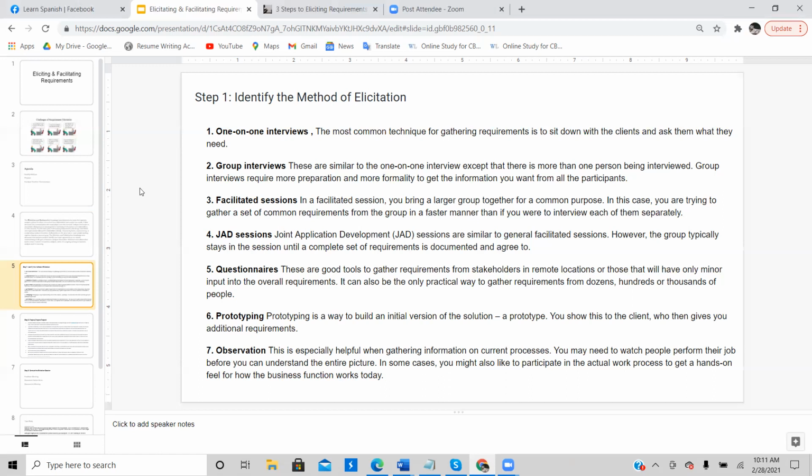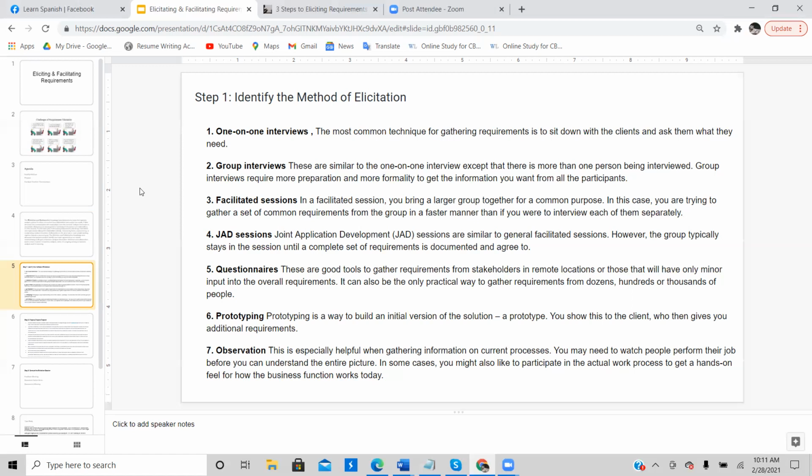Prototyping is interesting because it's used a lot in Agile, and I'll go through methodologies in the following sessions. Prototyping is where you build a model of your solution. As an example, in our case study, the requirement is an online ordering system.